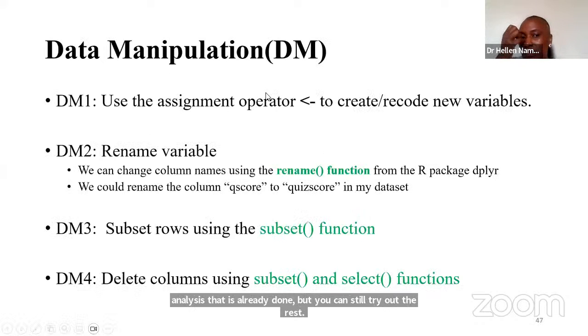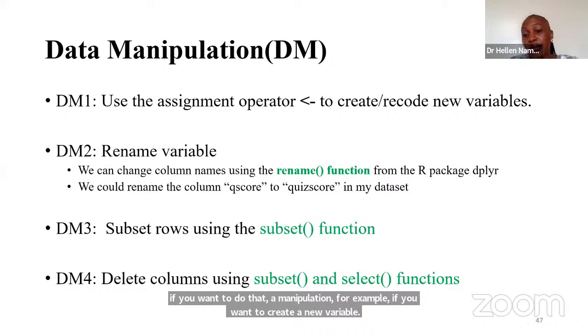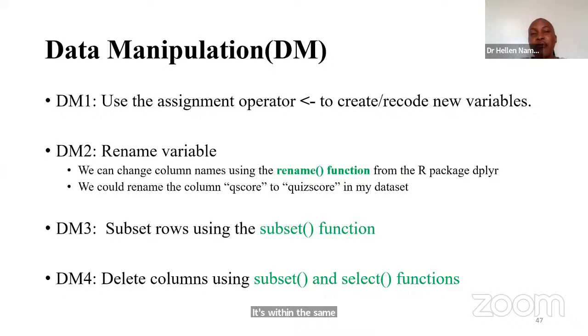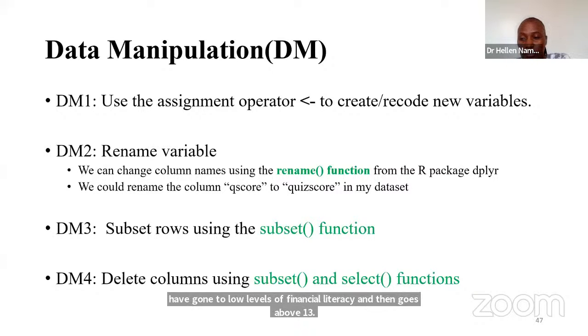If you want to do data manipulation, for example, create a new variable, it's within the same data set that you want to create it. For example, within my data set, the quiz score, which was ranging from 1 to 20, I can say that those that are below, maybe let me say 14, have got low levels of financial literacy, and those above 14 have got high levels of financial literacy.